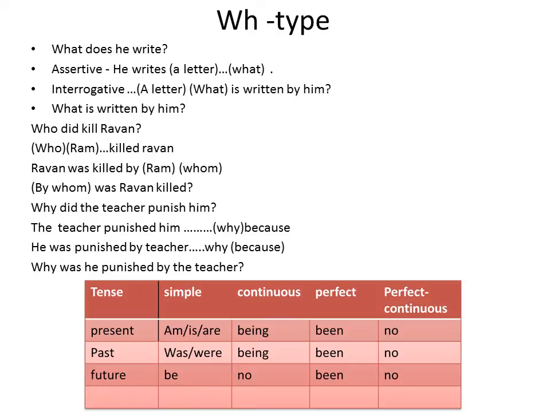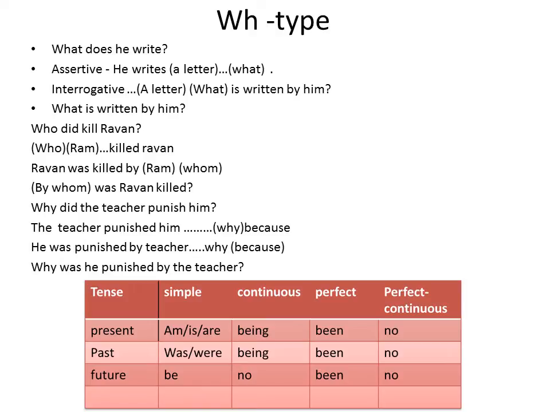We have just been given the question, what does he write, and we are asked to change this sentence into passive voice. Let's suppose that a letter is given. Then first of all we have to make the WH type question into an assertive sentence.